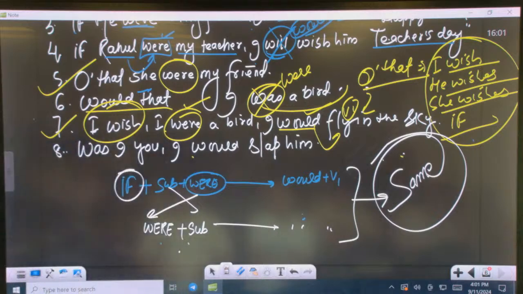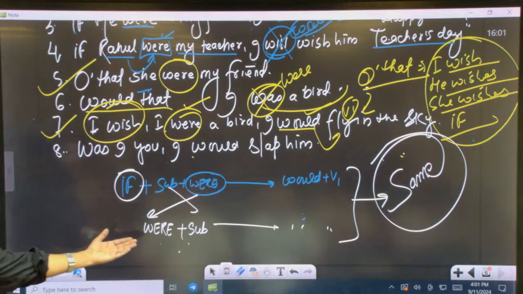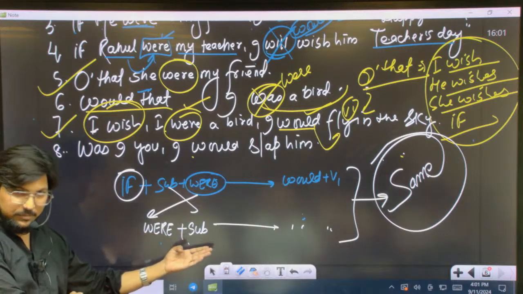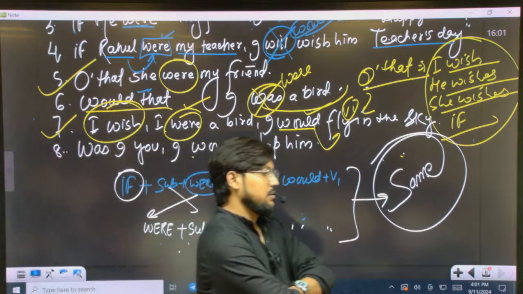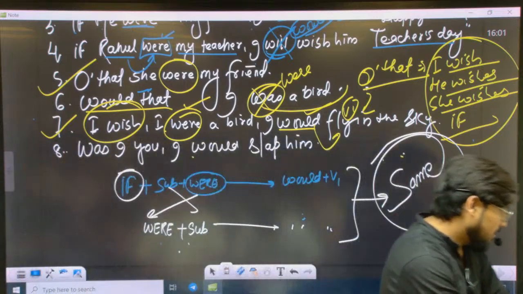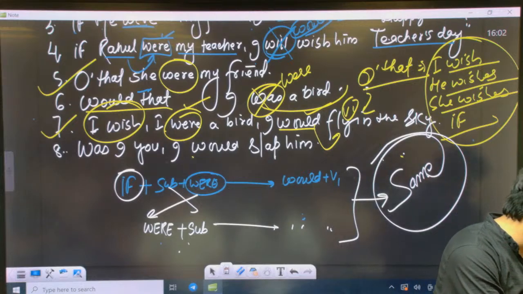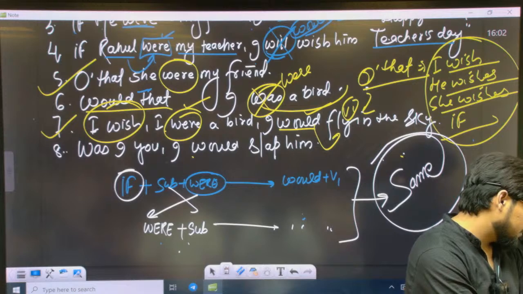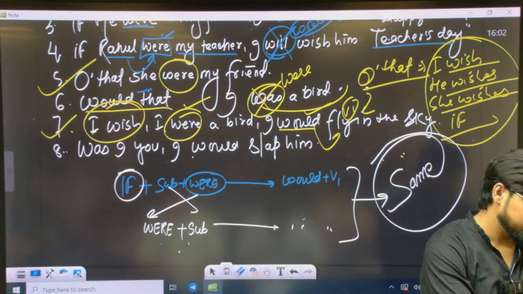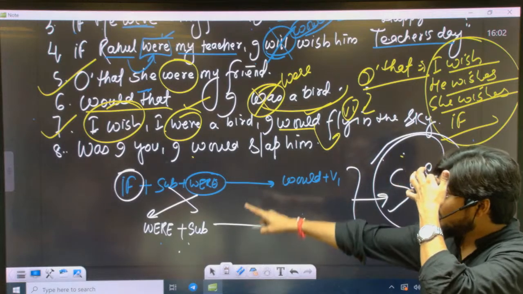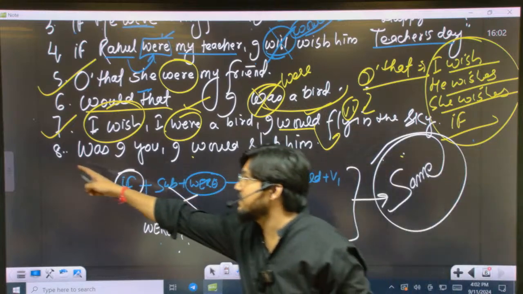If you want to remove if, then the sentence starts with verb, then subject, and the remaining sentence will be the same. Now you just tell me, is the sentence correct?